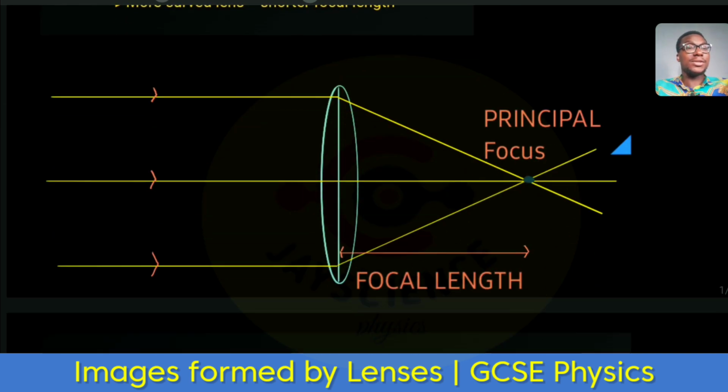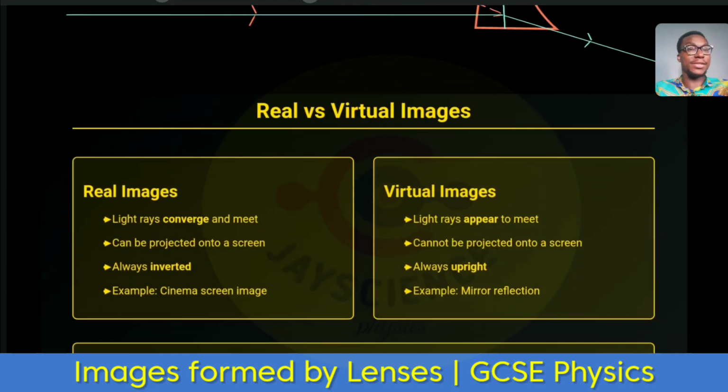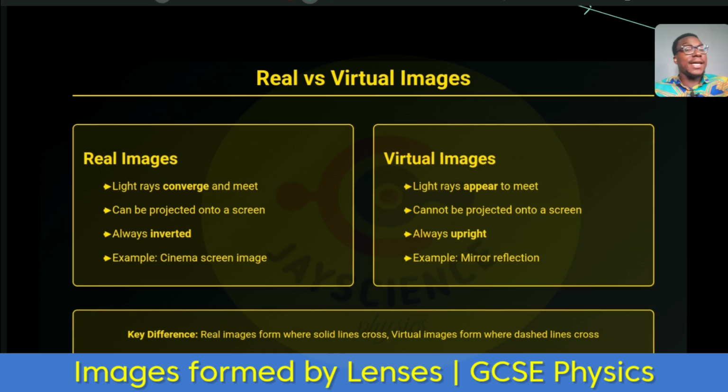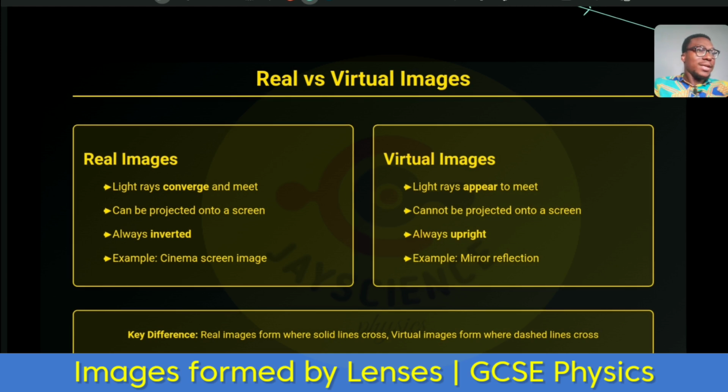Okay, now let's talk about real and virtual images. What's the difference? If an image is real, it means it is formed when light rays from an object converge and meet each other and can be projected onto a screen. So if you place a screen at the point where the image is formed, you get something. What are the properties of real images? Number one, real images are always inverted.